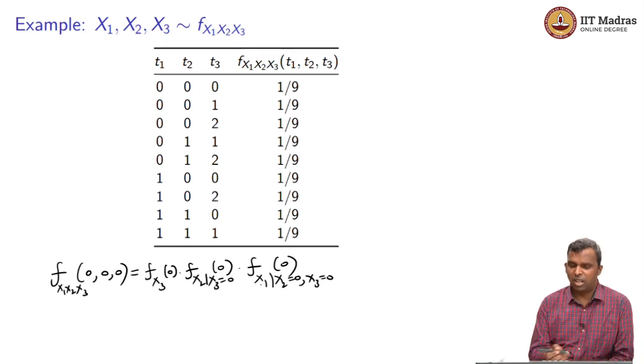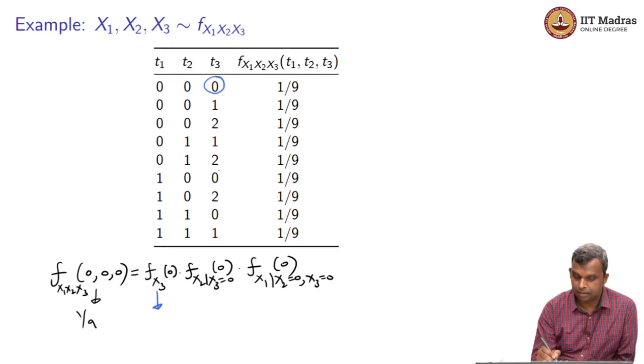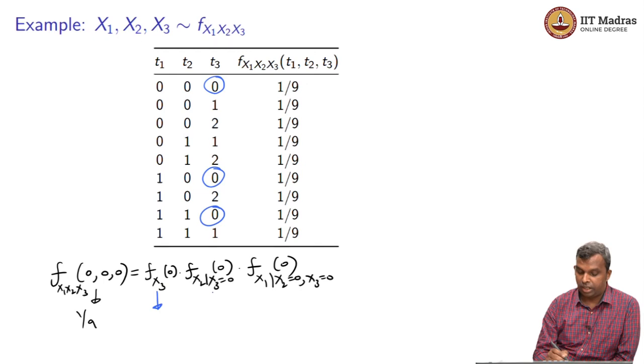Let's verify this. This we know is 1 by 9. What is x3 of 0? Let's look at x3 equals 0, and that is this, this and this. There are 3 possible cases where x3 is 0, so that's 3 by 9.